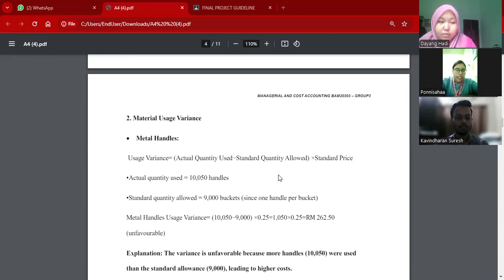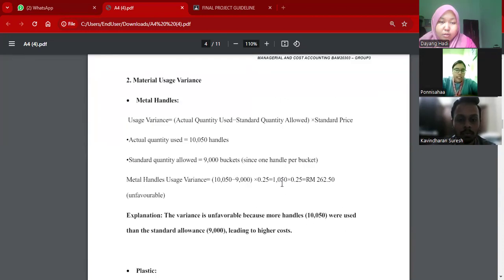So the metal handle usage variance is 10,050 minus 9,000 times 0.25. We got 1,050 times 0.25, and the final answer is 262.50 cents. It's unfavorable.